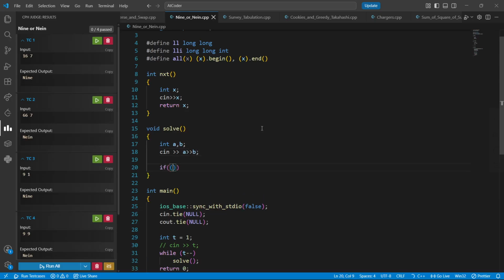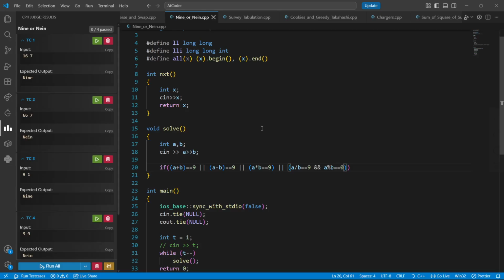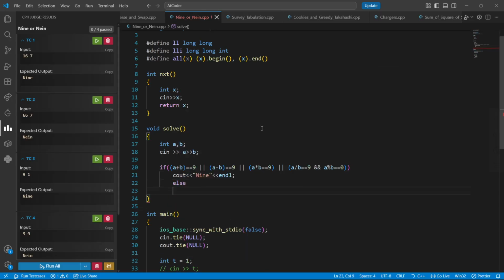Now we have to check if a plus b equals 9, or a minus b equals 9, or a into b equals 9, or a divided by b equals 9, and we need to check a modulo b has to be equal to 0, which means it is perfectly divisible. If that's the case, then we output 9, else we output Nein.